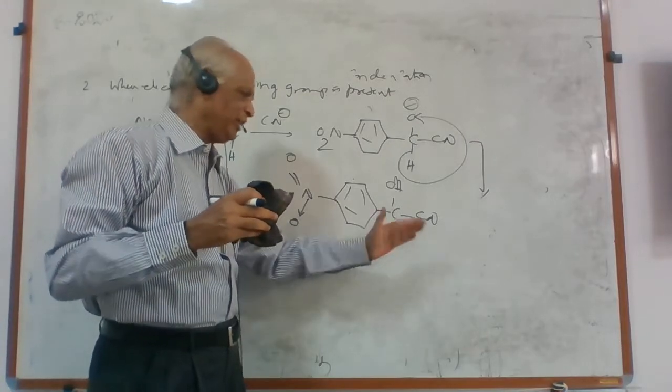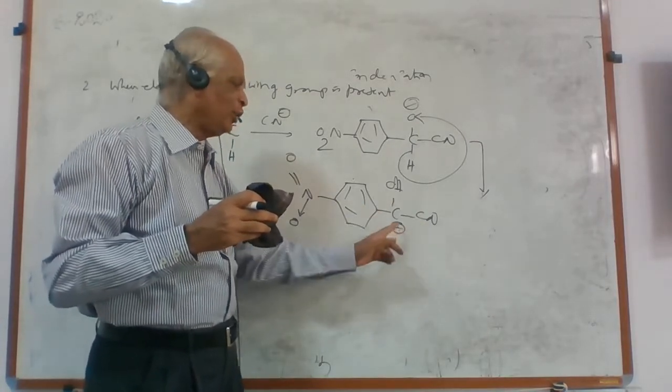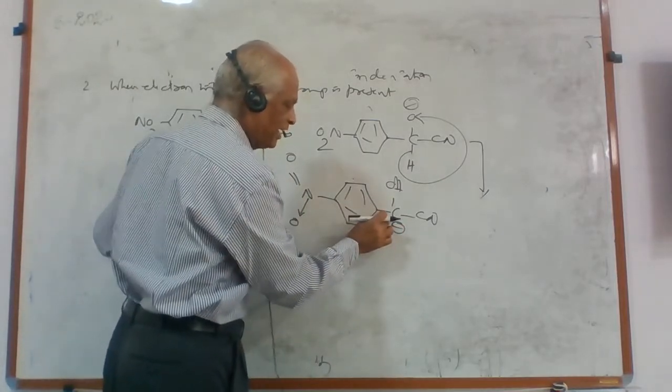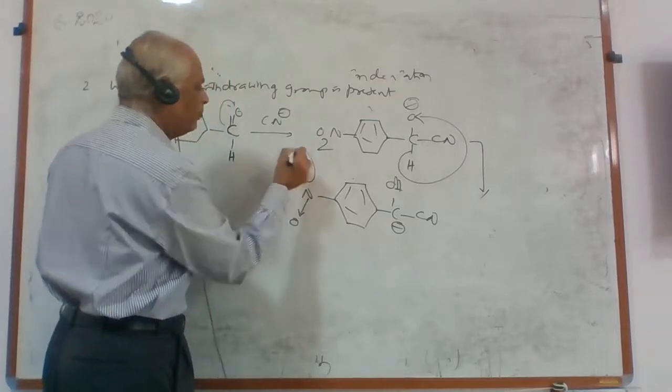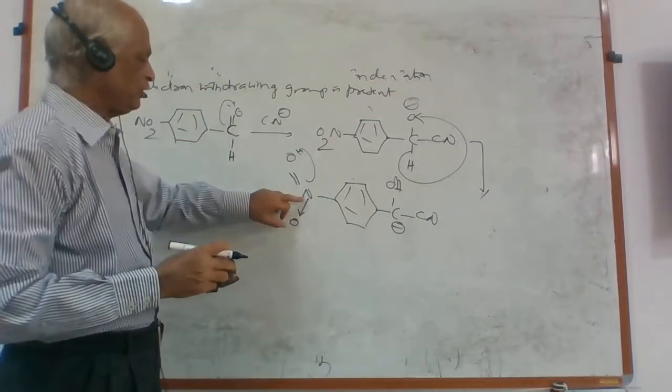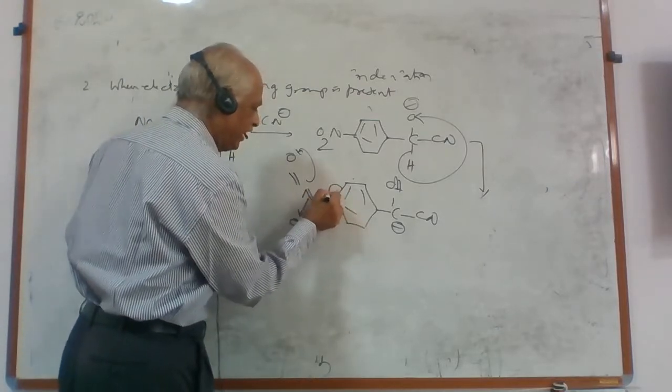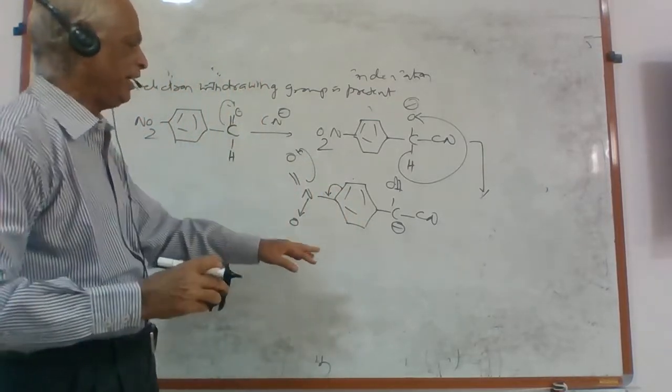That means you are ready to attack the second molecule of aldehyde to this carbanion. But what happens? Once the carbon gets a negative charge, the N=O group is polarized. Nitrogen gets a positive charge, O gets a negative charge. Immediately this nitrogen takes the pi electron pair from this carbanion.